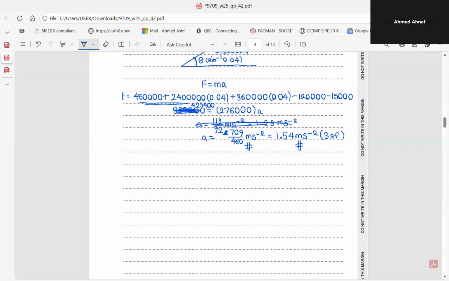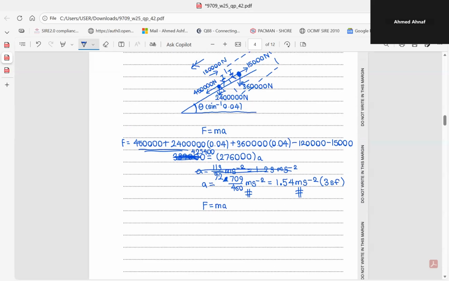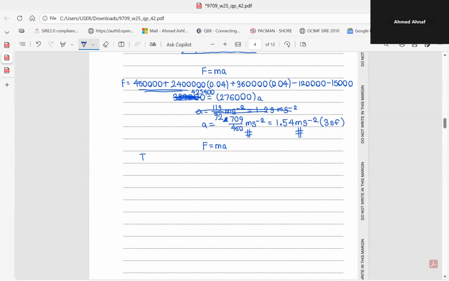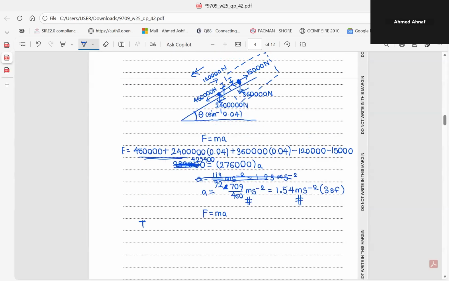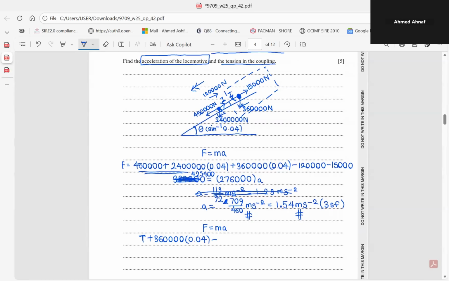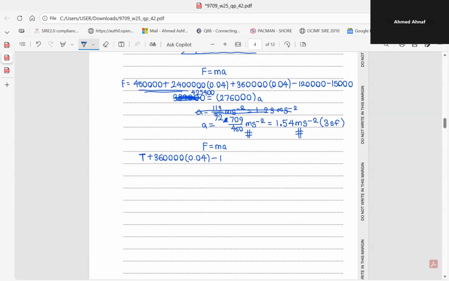Okay, so yeah, again, we'll be using F equals MA. So we'll take the T as the forward force, and then we will also add the horizontal component of the coach's weight, which we calculated just now. And then we'll subtract the resistive force acting on the coach, which is 15,000.